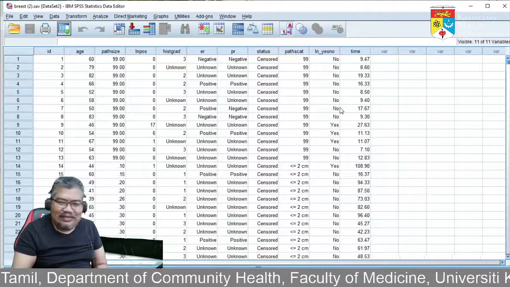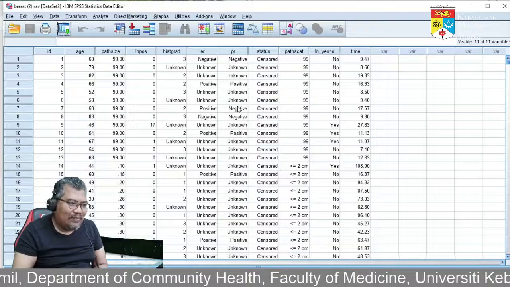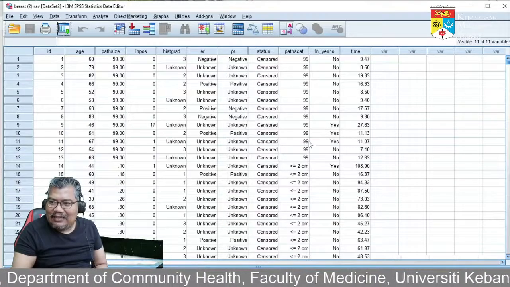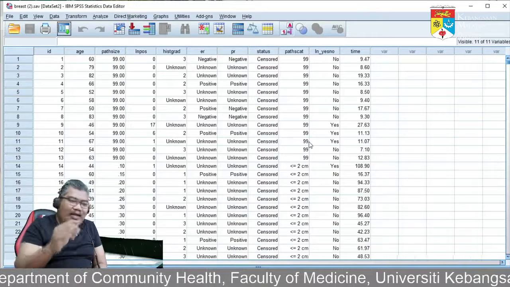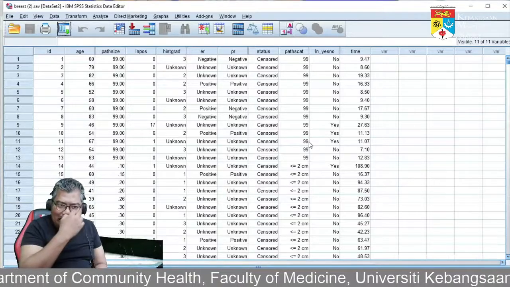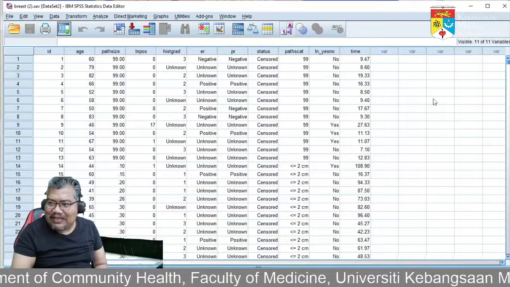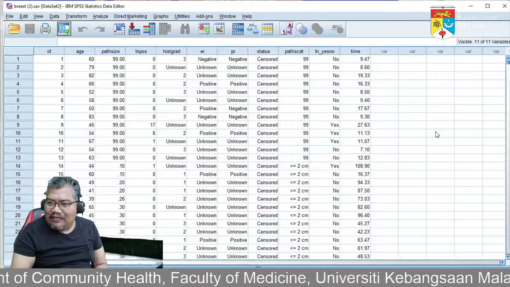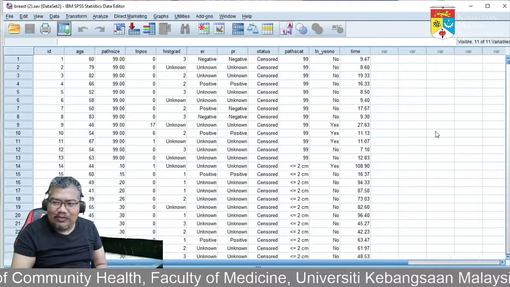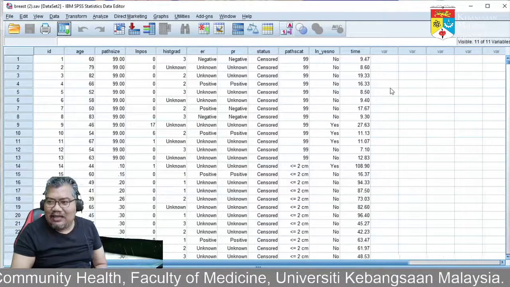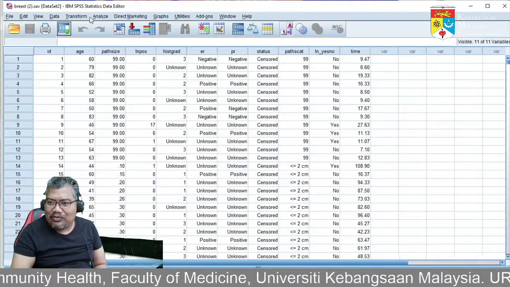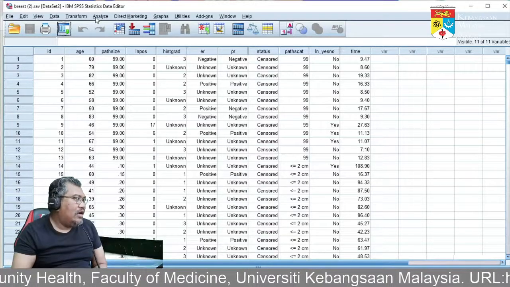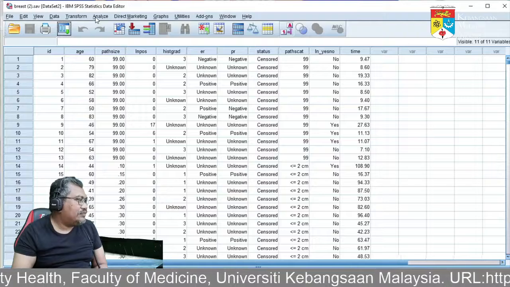But this set of notes I got from Chan. As mentioned earlier, last week I missed his class on survival analysis, so I do not have his notes on how to do survival analysis.